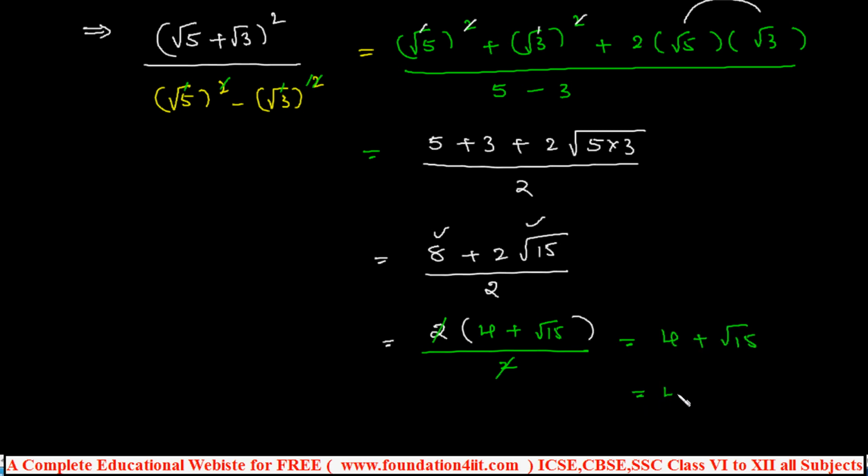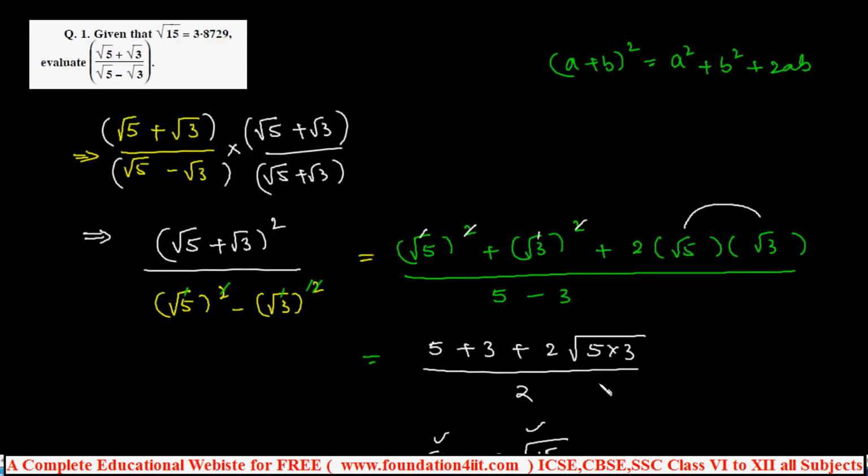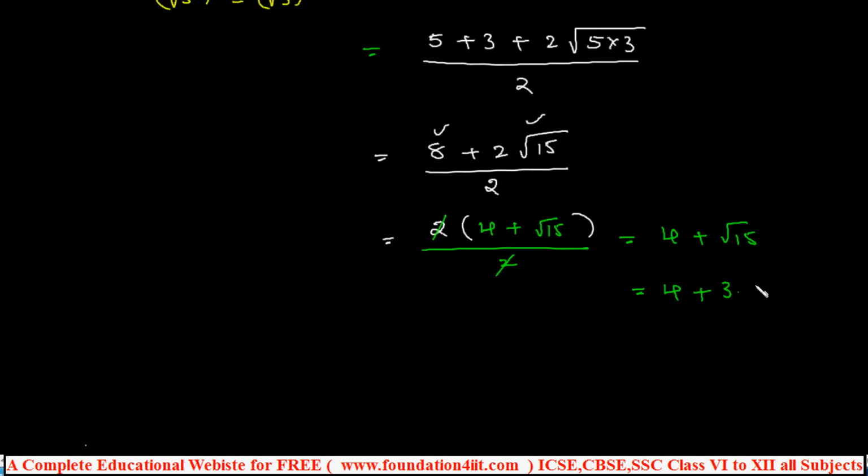In the place of root 15 we write the given value, 3.8729. Just add: 4 plus this is 7.8729. That's it. So this is the value of the given question, 7.8729.